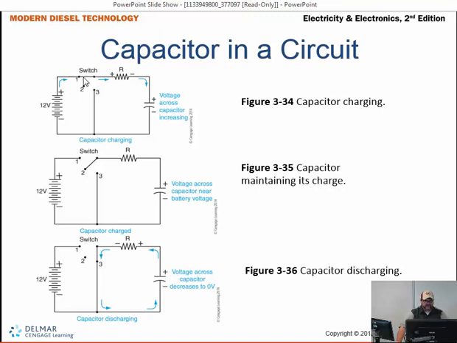So here we are. We have our switch closed, and we're going through our first resistor here. Then we're going across the capacitor. That voltage across the capacitor is increasing. Then we open the switch, okay, and now we're open, right? There's nowhere for this positive to go, right?